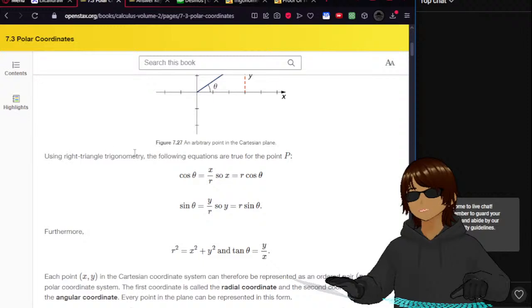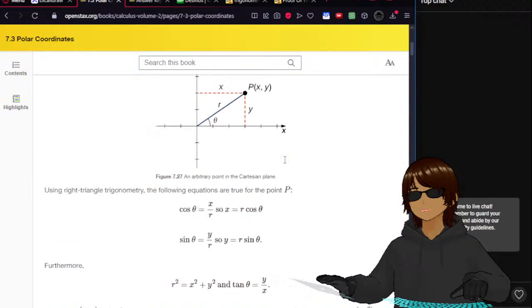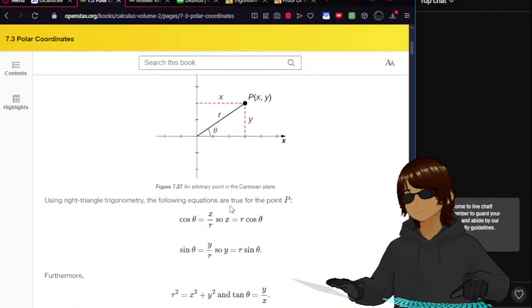Using right triangle trigonometry, the following equations are true for point P. Cos theta is x over r.